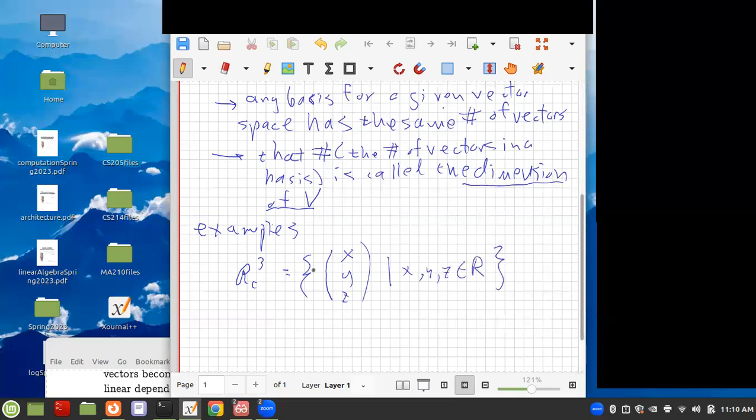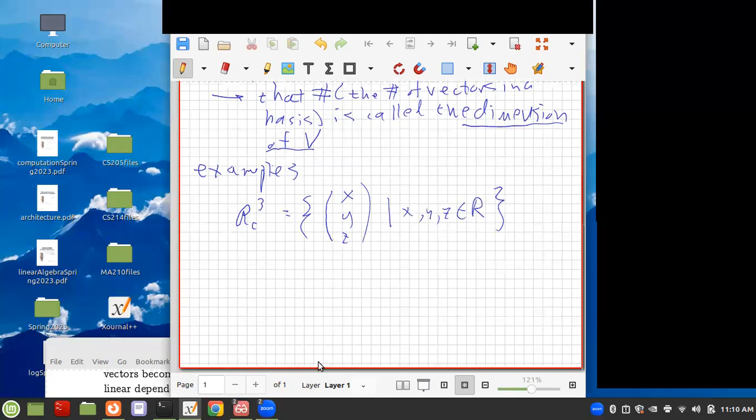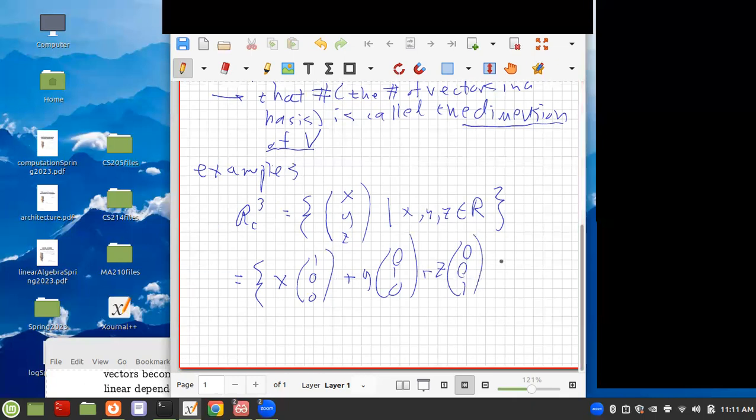This is the set on which the 3-component column vectors live, and we know that forms a vector space. And we can immediately write this, doing the thing we normally do, as x times (1, 0, 0), plus y times (0, 1, 0), plus z times (0, 0, 1), such that x, y, and z are any real numbers.